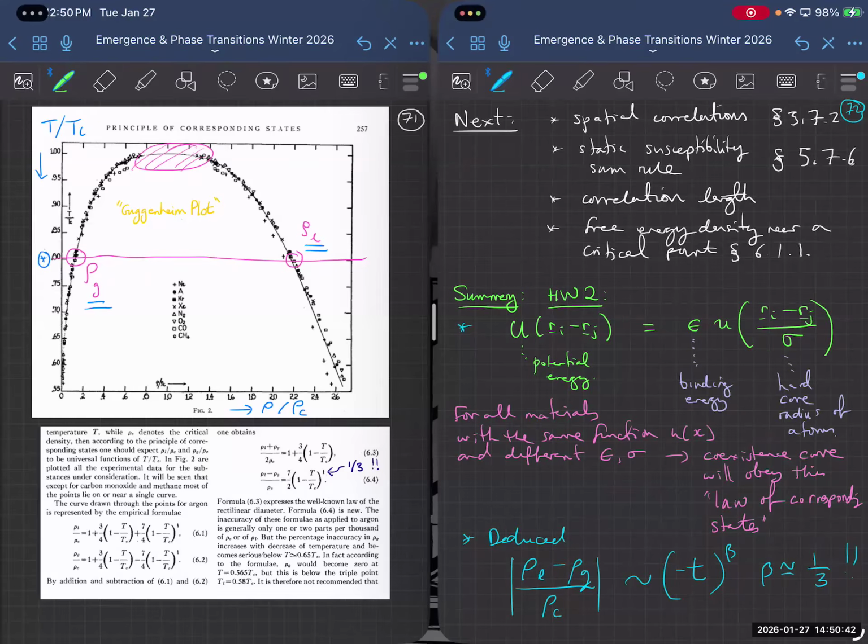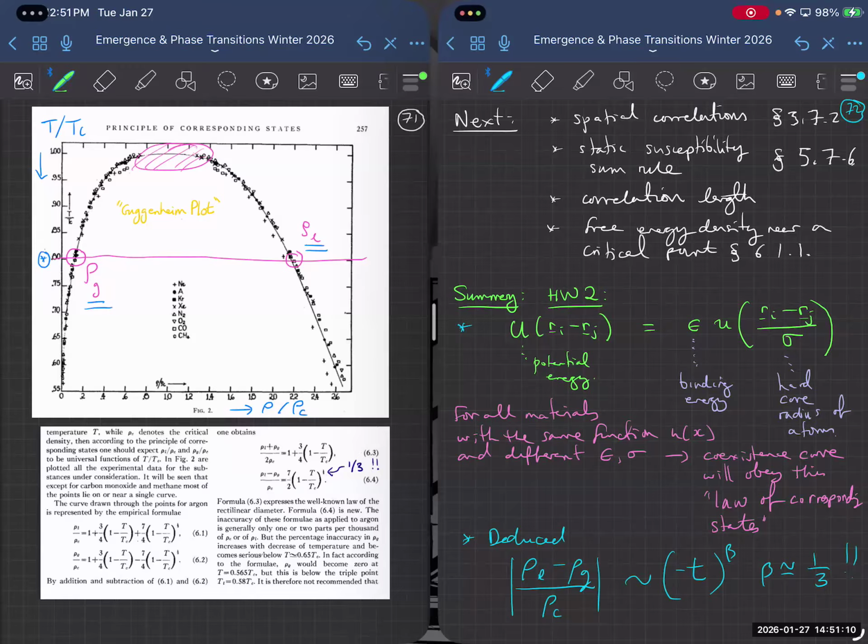Okay, so now I want to talk about the next topic, which is spatial correlations. Up to now, everything we did was mean field theory. We said every place in the system is the same as every other place. We did a calculation which replaced all of the spins with one representative spin, and we chose it in a self-consistent way, so that representative spin captured the behavior of the whole system.